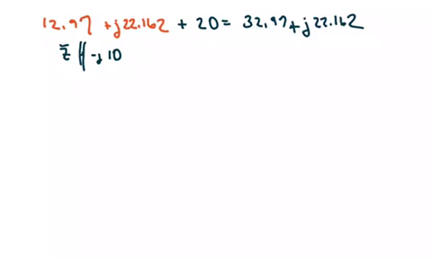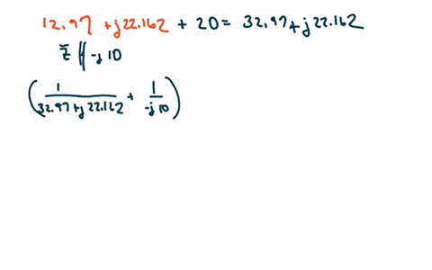Okay, so again, I want to add in parallel. So 32.97 plus J22.162 is 1 over negative J10, and I would take the inverse of that.